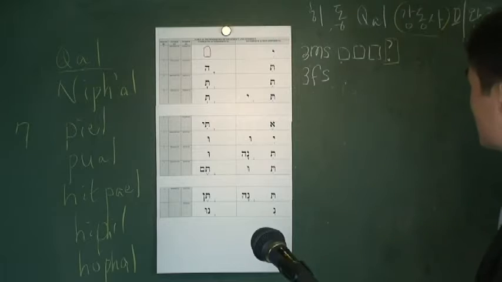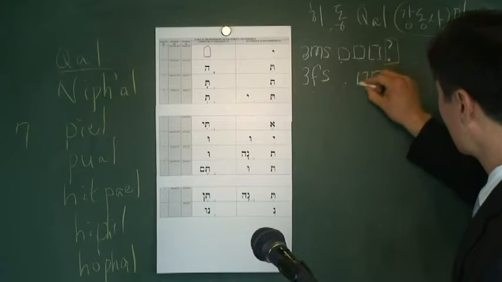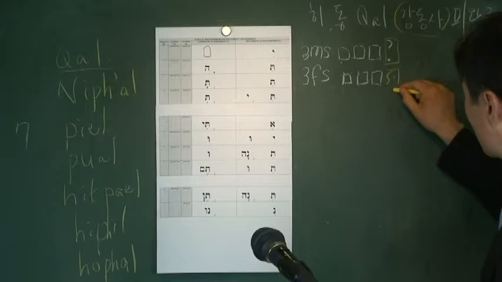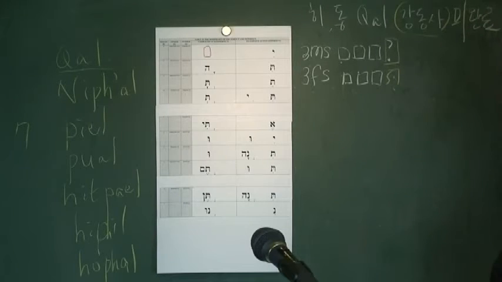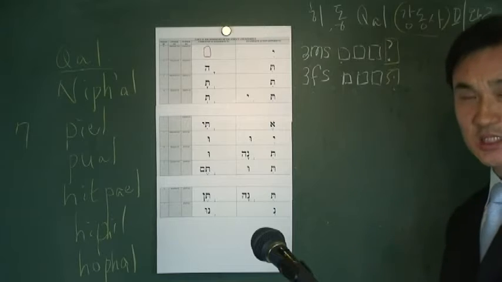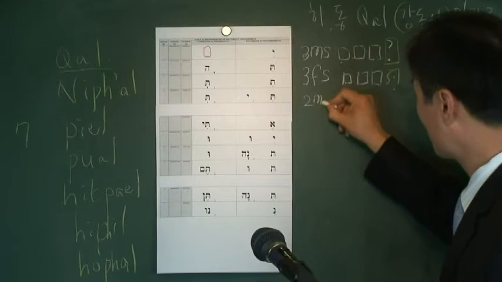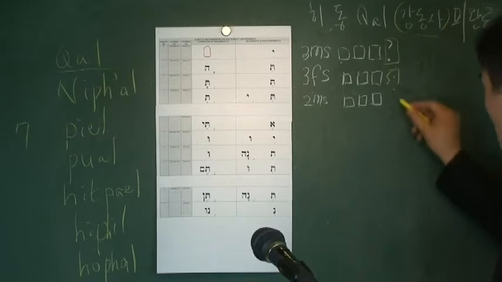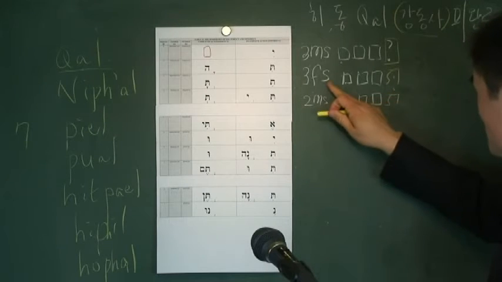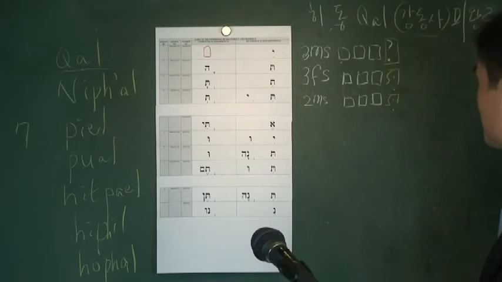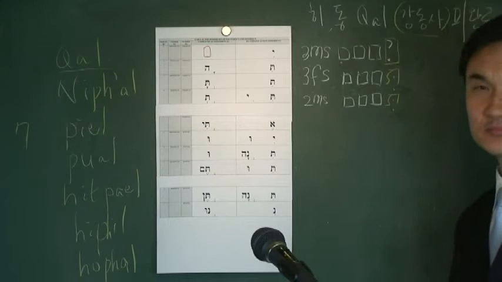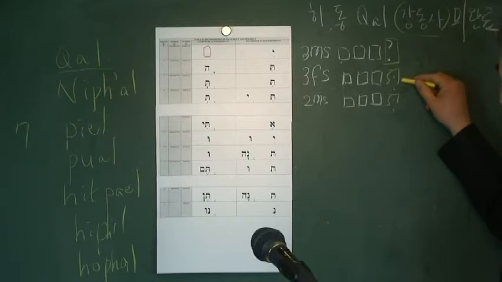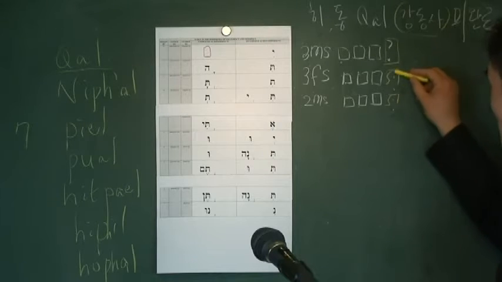Next, the third person feminine singular. The third person feminine singular too has a prefix for the basic consonant, which is T. Next, the second person masculine singular. The second person masculine singular also has a prefix, and it is the same prefix as that of the third person feminine singular, T.